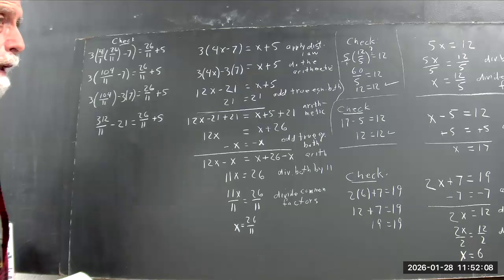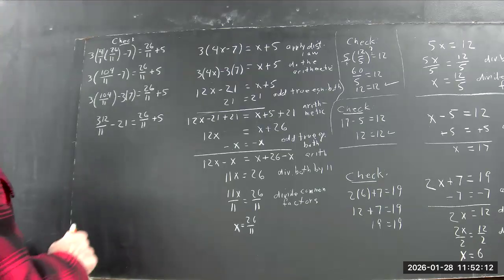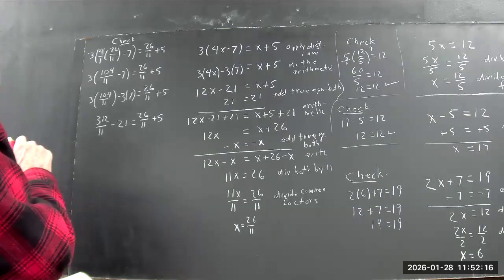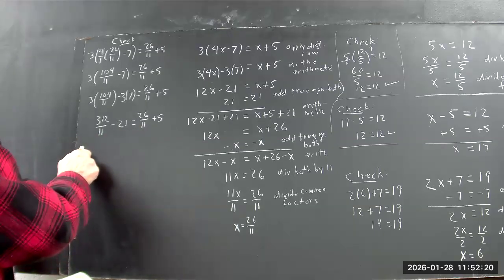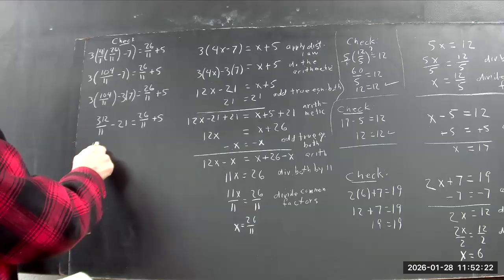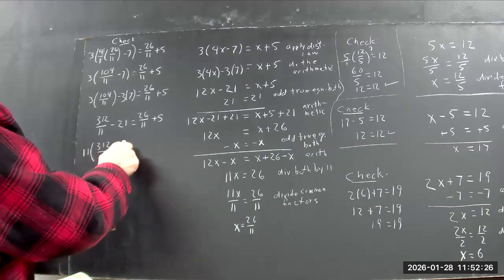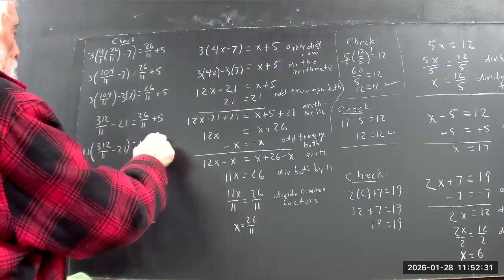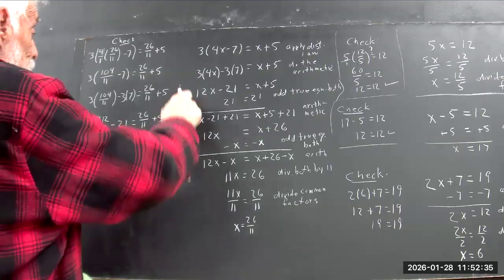Now, you still might have an inclination to get a common denominator, but you don't have to do that. We can multiply both sides here by 11. Numbers are going to get a little bit big, but they're going to get a little bit big if you try to find a common denominator.